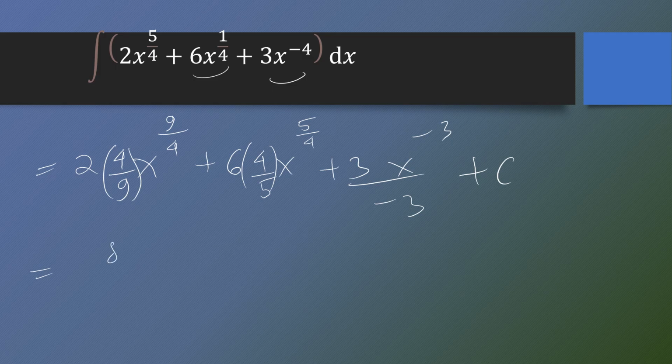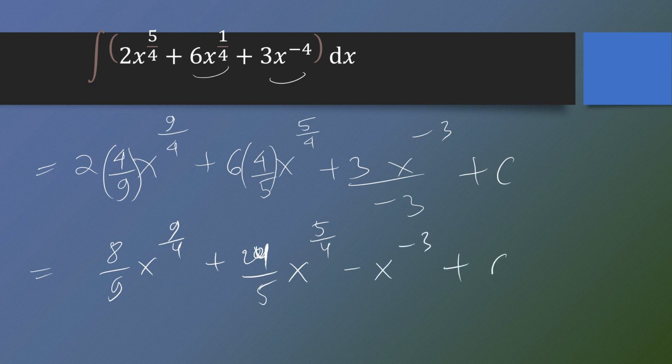So we have 24 divided by 5, x to the power of 5 over 4, and then negative x to the power of negative 3 plus c. Yeah, this is our final answer. So this is the primitive or original function for problem number 5. Thank you, and done everyone.